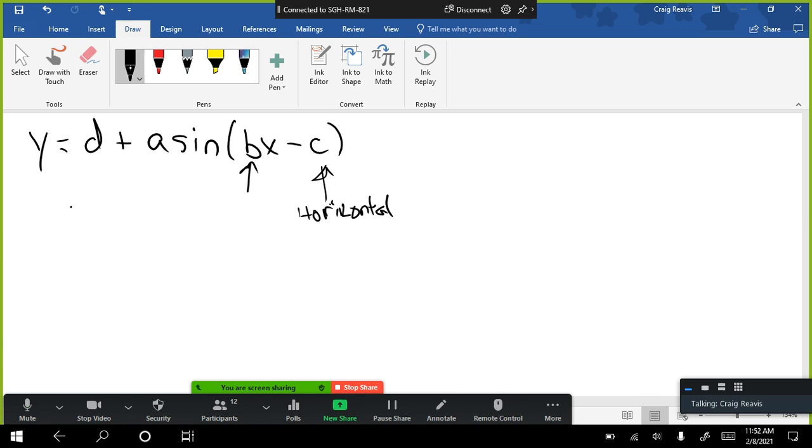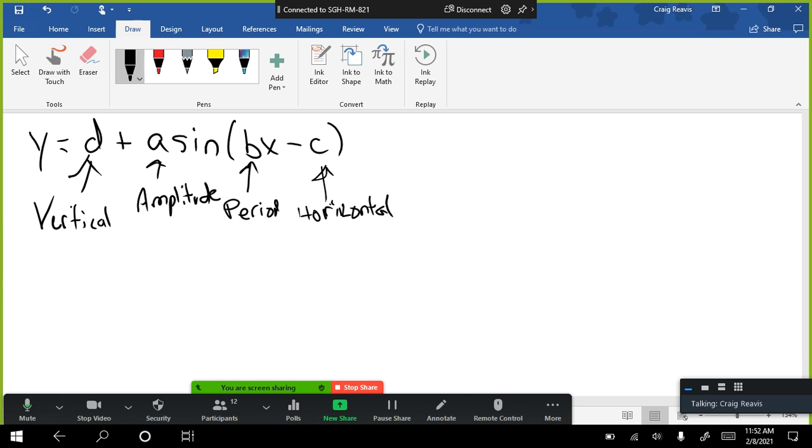The B affects the period. The A affects the amplitude. And then the D is what is a vertical shift.